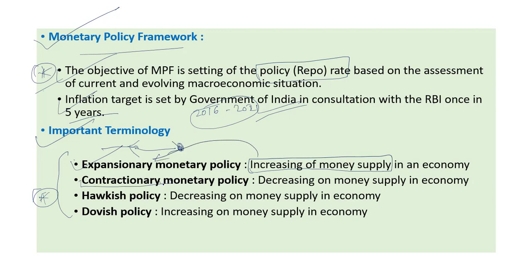Then you contract the monetary policy when you decrease the money supply. So opposite, right? Hawkish, like a hawk, decreasing the money supply, a hawkish policy stance. Okay, so a question may come, what do you mean by a hawkish policy stance? Then dovish is increasing the money supply. Okay, dovish is favorable, hawkish is somewhat strict, right?